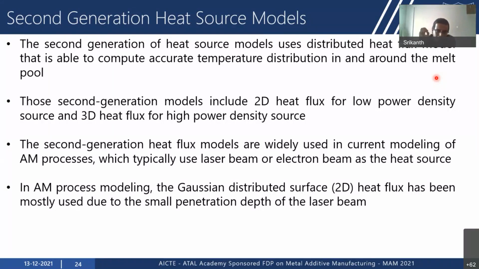Now, the 2D Gaussian distributed heat flux has been the most widely used for modeling of the laser additive manufacturing process due to the small penetration depth of the laser beam.